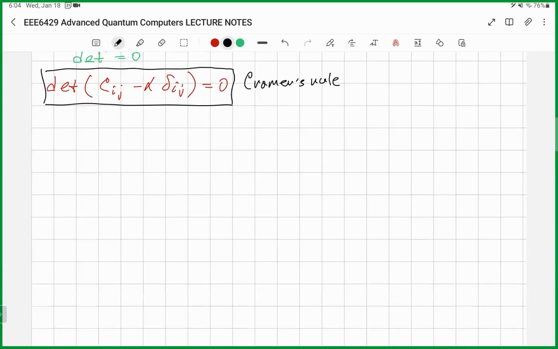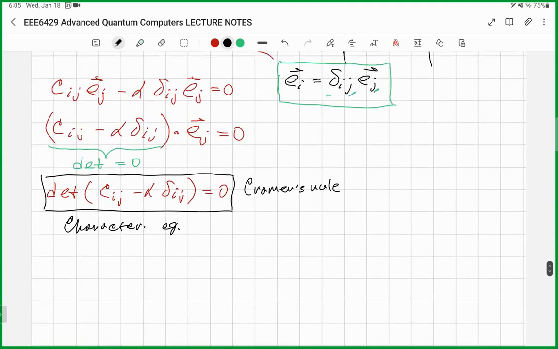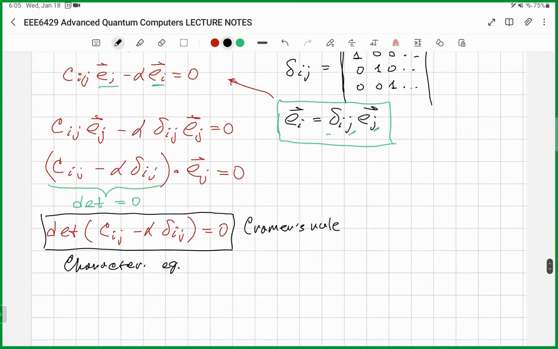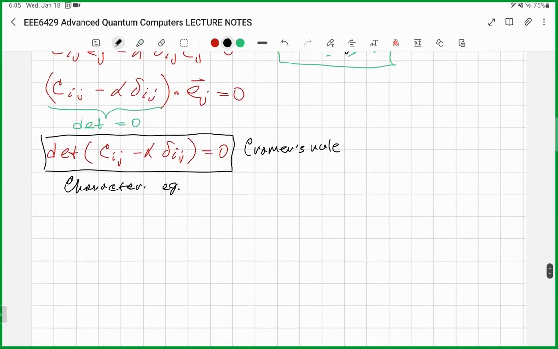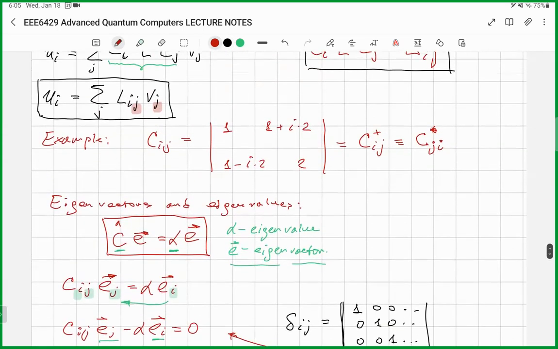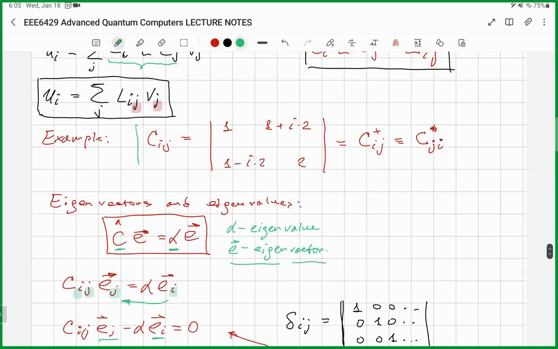And this Cramer's rule allows us to write down the characteristic equation of our matrix. Characteristic equation. So how does it work in our case, for our matrix above, for this matrix, right?